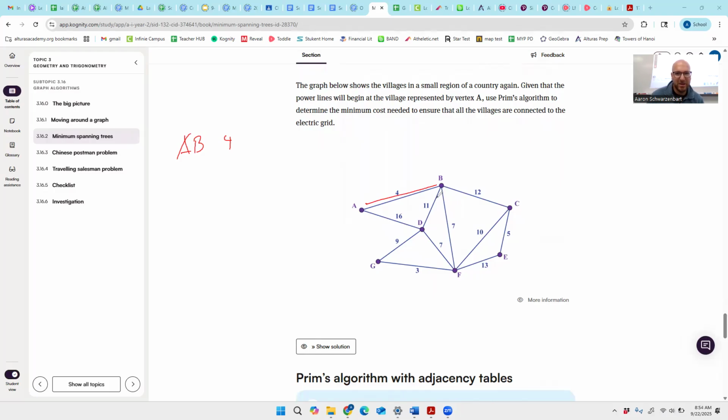Then our next lowest one, AD is 16, BF is 7. FG is 3. And our next lowest, it looks like FD.